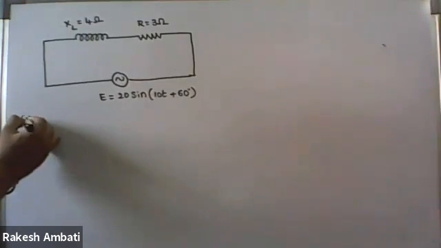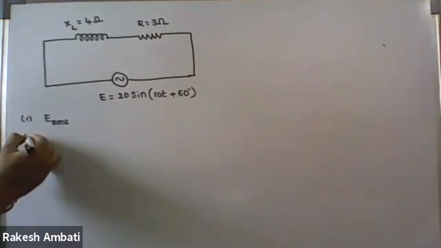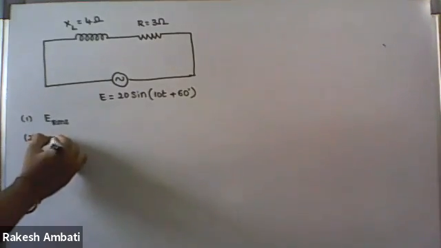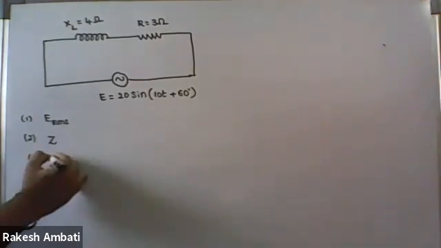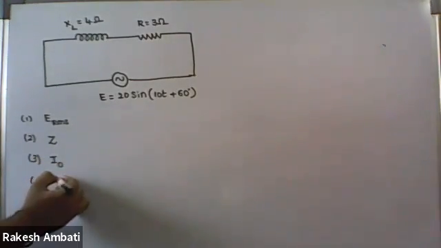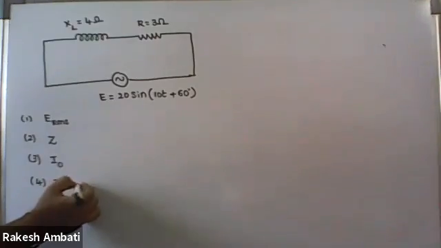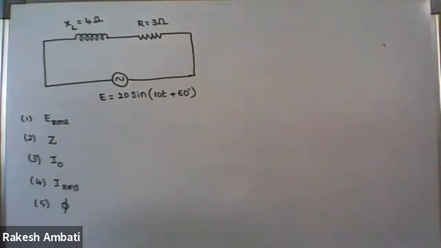Now first question, find ERMS. Second question, find Z impedance. Third question, find I naught. Fourth question, find IRMS. Fifth question, find phi, the phase difference between EMF and current.